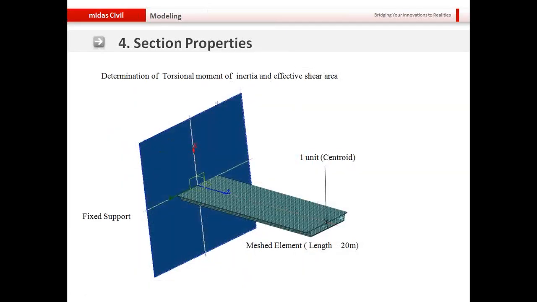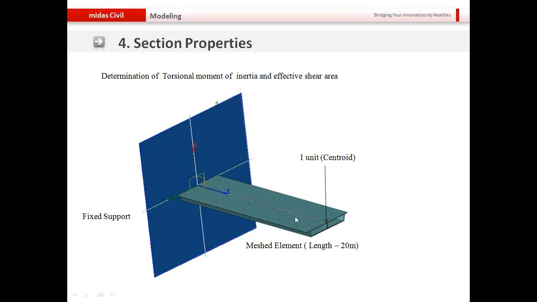The properties like area, moment of inertia, and centroid can be calculated using standard formulas. But the calculation of properties such as torsional moment of inertia or the effective shear areas, they don't have any standard formula for all types of sections. So for irregular sections, finite element analysis is done.